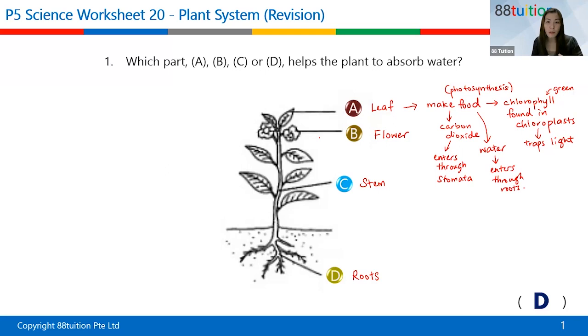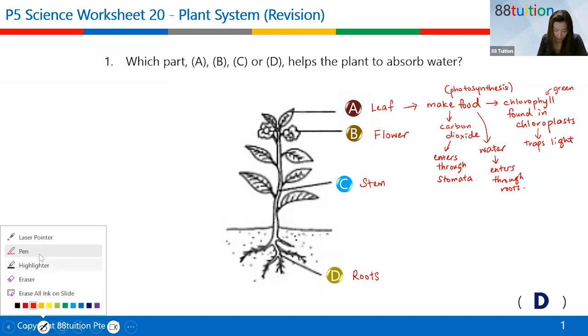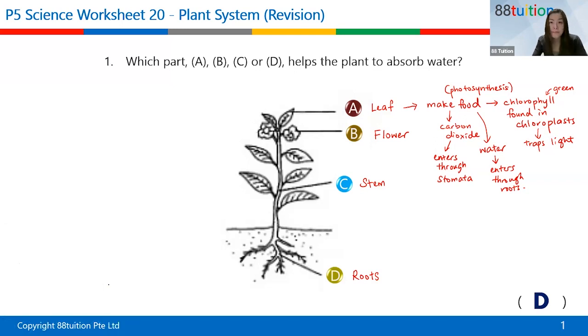So tell me something about the flower. What is the important function of the flower? Let me wait for your answers. Yeah, I see important points you are making. This is actually where the reproductive system is.